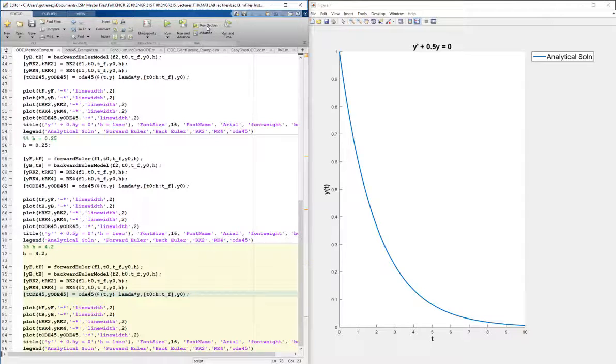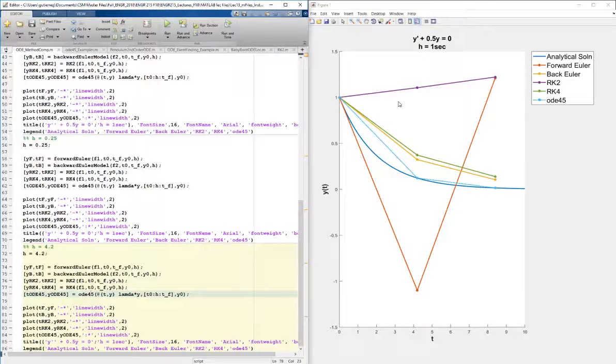So let's run this section. And we see, as expected, our forward Euler and our Runge-Kutta 2 methods were wildly unstable. But now we've probed the difference here. Our Runge-Kutta 4 is not that accurate, while our ODE45 is still very accurate. So it's still an accurate numerical method.